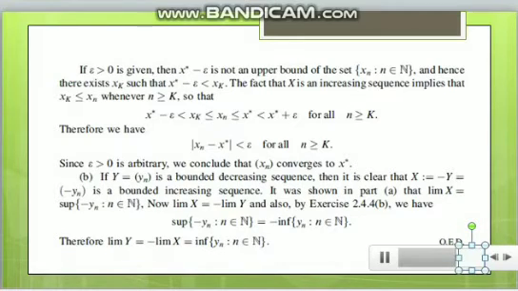It was shown in part A that the limit of X equals the supremum of minus yn, n an element of the natural numbers. Now, the limit of X equals negative the limit of Y, and also by Exercise 2.4.4(b) we have the supremum of minus yn, n an element of the natural numbers, equals negative the infimum of yn, n an element of the natural numbers. Therefore, the limit of Y equals negative the limit of X equals the infimum of yn, n an element of the natural numbers.